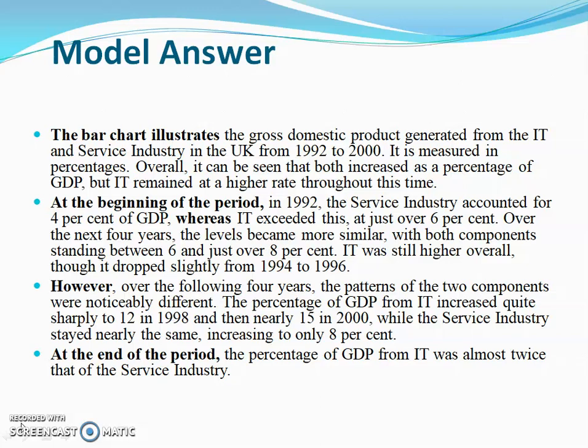At the end of the period, the percentage of GDP from IT was almost twice that of the service industry. I hope this example is very clear to you by focusing on the introductory paragraph, body paragraph, and the concluding paragraph. In this example, they have used linkers like whereas and however.